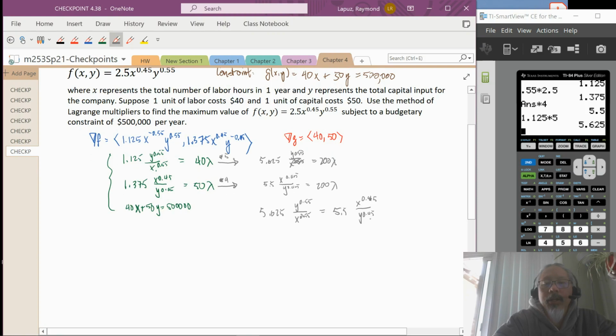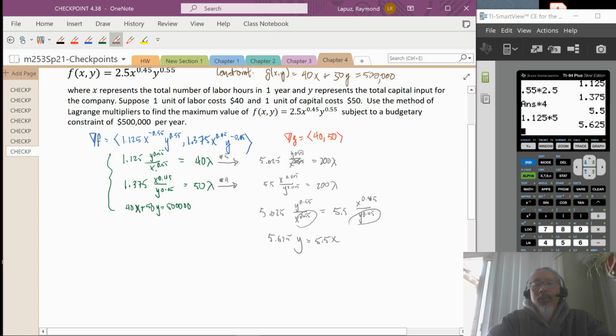Let's multiply both sides by y to the 0.45. We'll add the powers. That's just going to give us y. We'll also multiply both sides by x to the 0.55. And here we will have 5.625 y is equal to 5.5x.